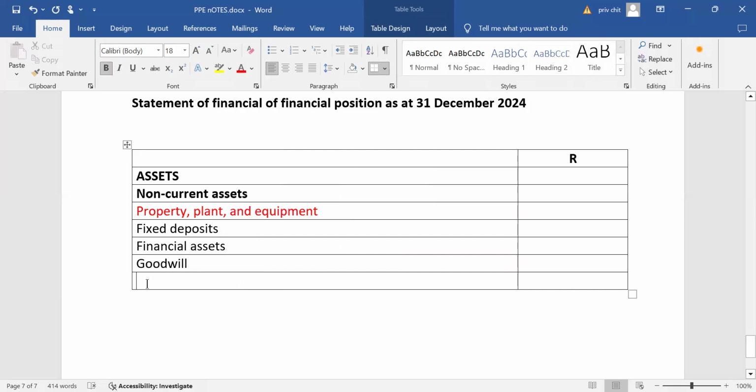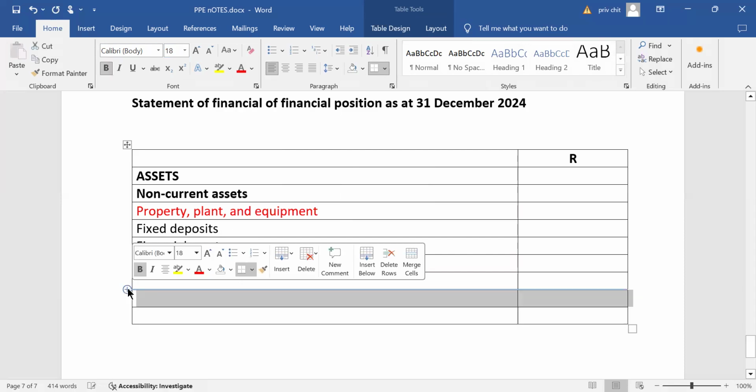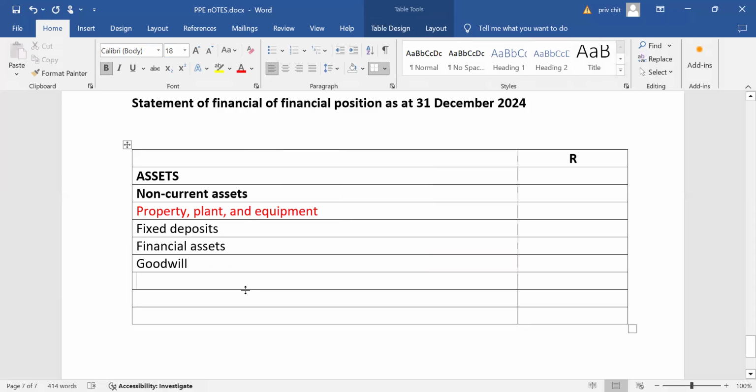Of course, yes, they form part of the property, plant, and equipment. Then here you would have a total: total non-current assets, and then followed by the current assets.